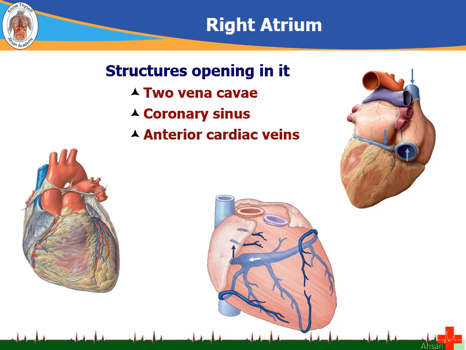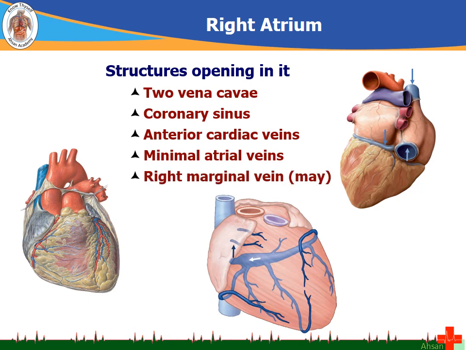The black arrow indicates the anterior cardiac vein. It may be more in number. The minimal atrial veins can occur anywhere on the atrium, and their number is not fixed, and there is a separate right marginal vein that opens directly, following the acute border, into the right atrium.